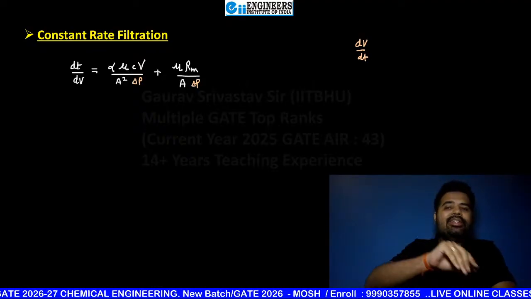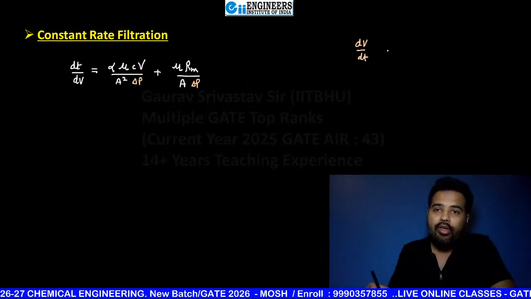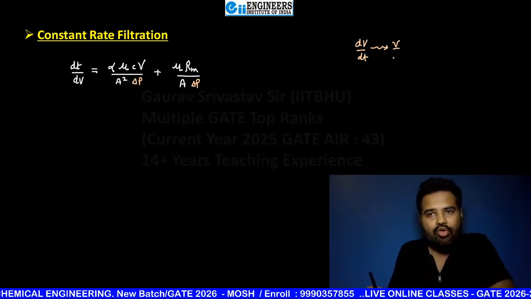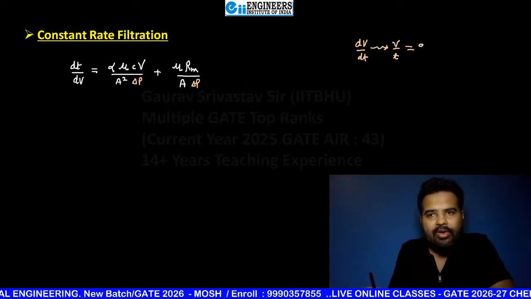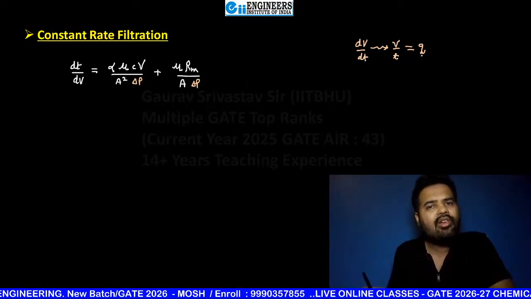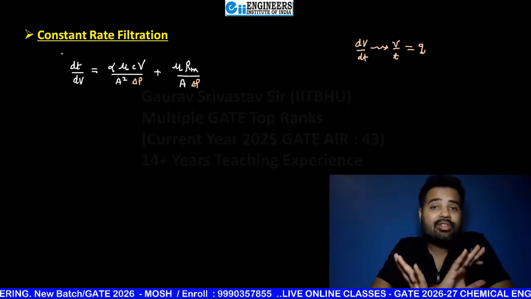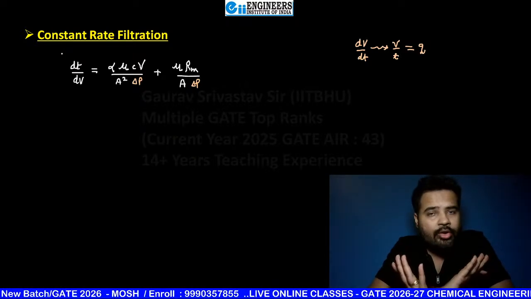And dv by dt is what? Volumetric flow rate in differential form. If they are not changing with respect to time, you can also write it like v by t. And what is v by t? This is the volumetric flow rate of filtrate at any time, and it is clearly mentioned constant rate filtration. That means with respect to time, the value of dv by dt is not going to change.